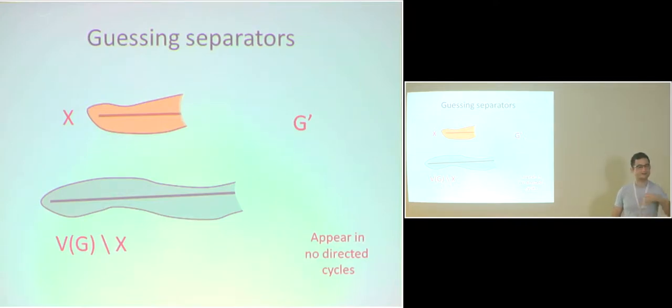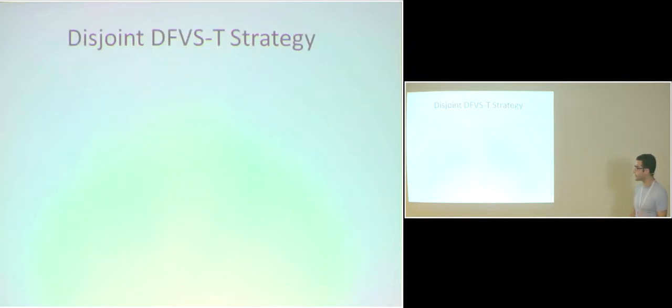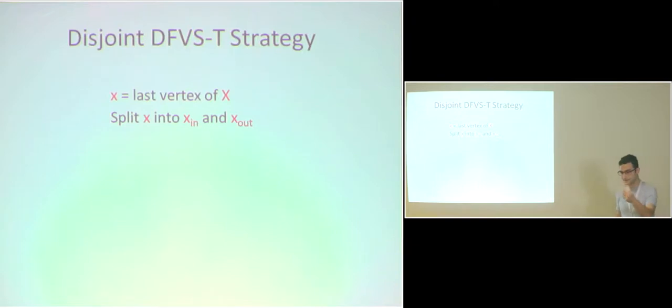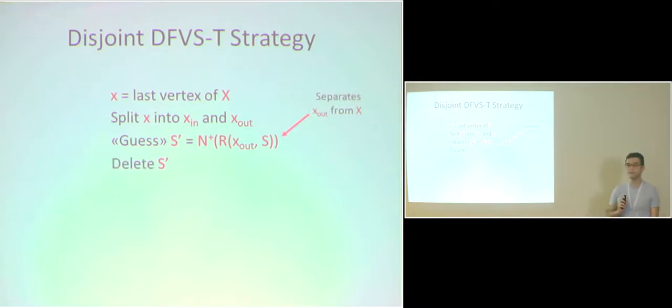Okay. Take a deep breath, and now we're going to recap what I just did on one slide. So, what did we do? We looked at the last vertex of this disjoint undeletable solution, and we split it into two parts. And then we guessed some separator that separated the X out, so the one that has all the out neighbors, from the rest of X. Then we deleted this separator.